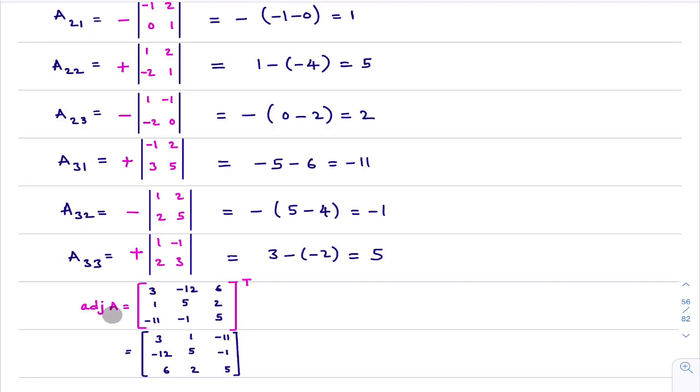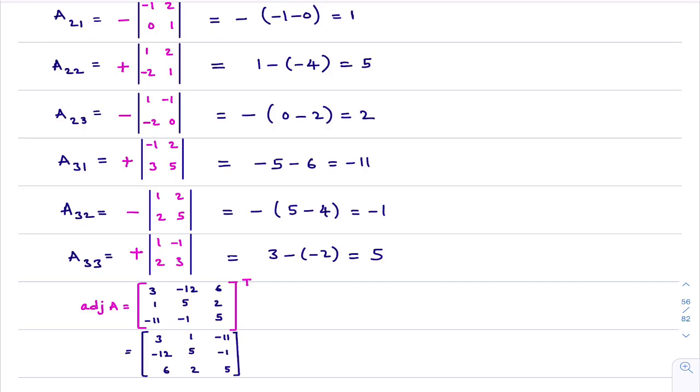So it is important. You must be good at calculating the adjoint of a given matrix. Till now what did we learn in this class? We learned the definition of the adjoint of a matrix and how to calculate the adjoint of a 2 by 2 matrix and a 3 by 3 matrix.